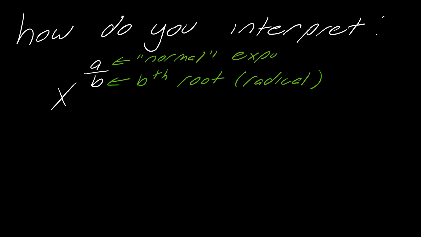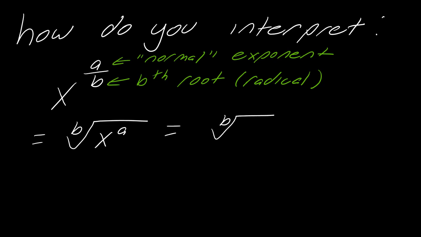So there are actually two different ways you can interpret this. Way one is the bth root of x to the a. And way two is the bth root of x, then raised to the a power. Let me write it like this so you can see it.